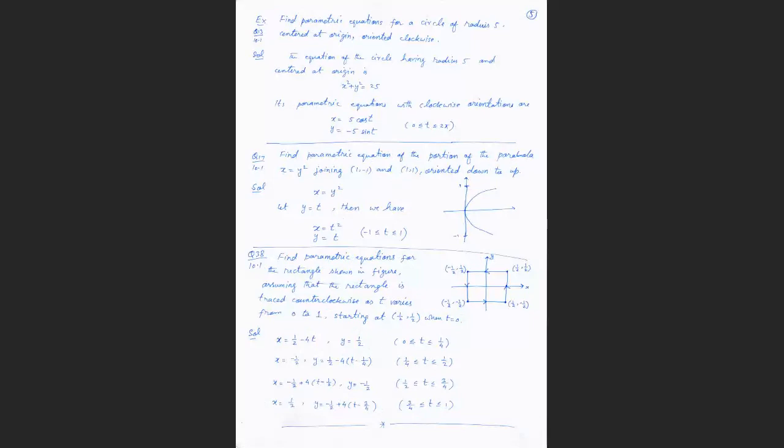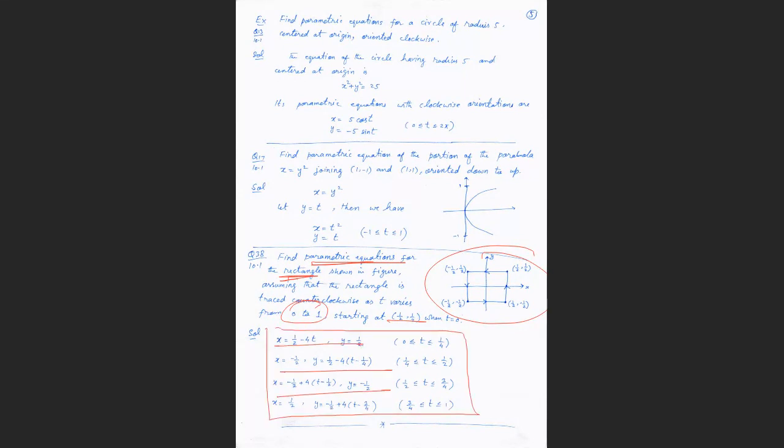Now for this example, this is the homework. You have to study about this example: we have to find the parametric equations of the rectangle starting from 0 to 1, and this graph is given. How do we derive these four parametric equations: one, second, third, and fourth.